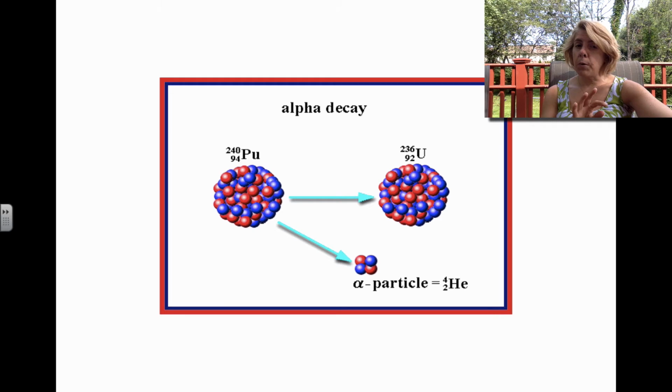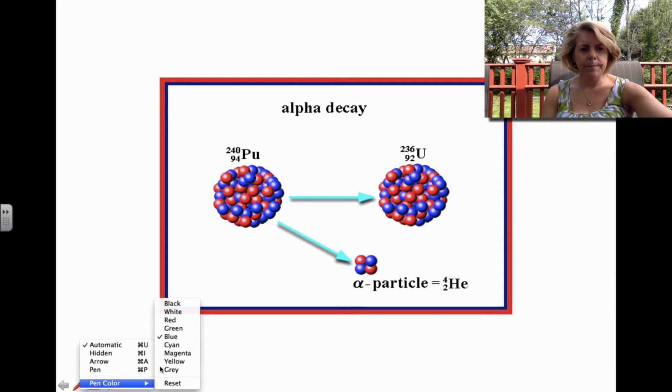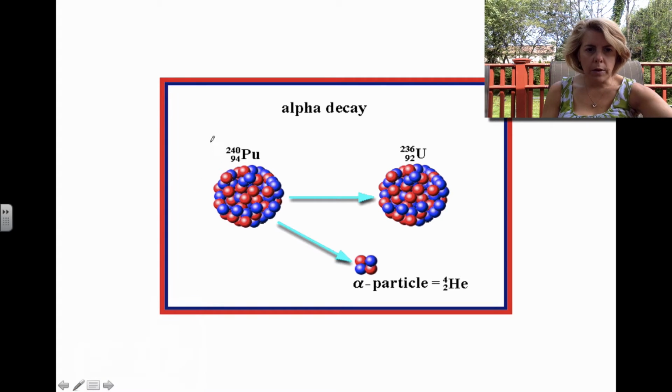And notice you go from a mass number of 240, so the number on the top is the mass number, to 236. So we lost 4 mass number units, and then we have an atomic number of 94 down to 92. So please remember, the atomic number determines the type of element. So it actually transforms from plutonium to uranium.